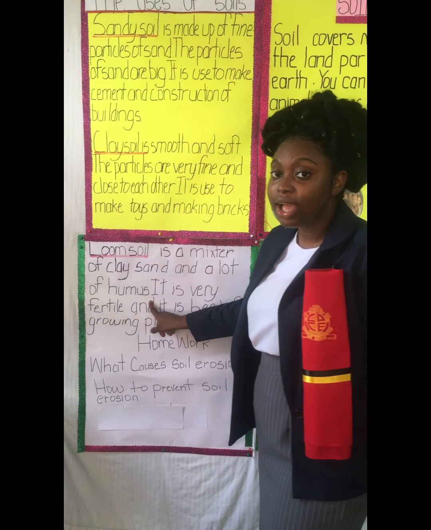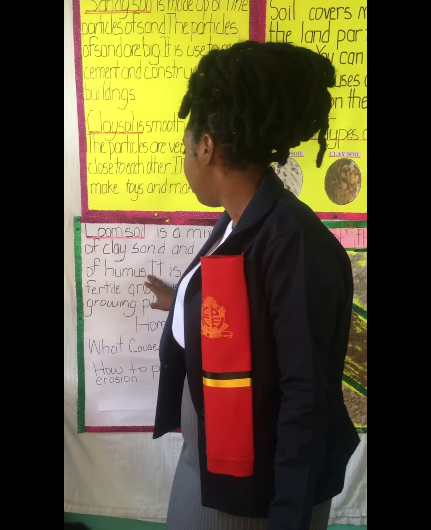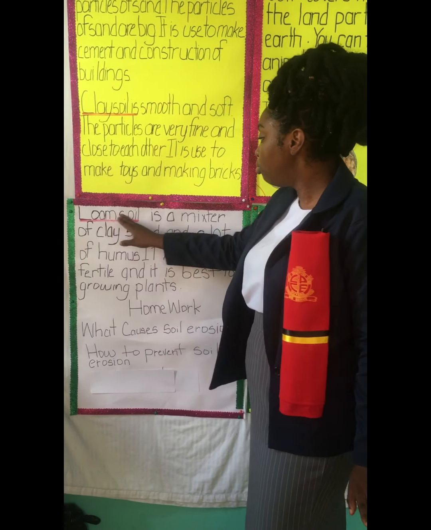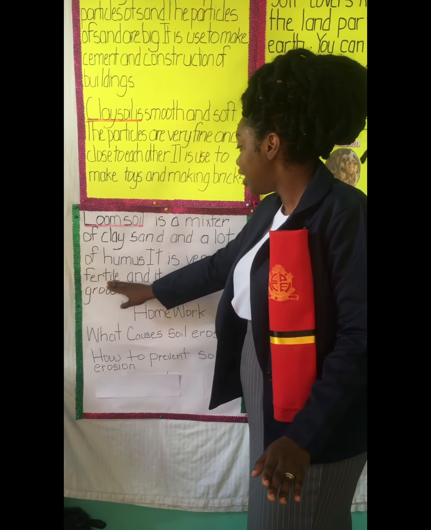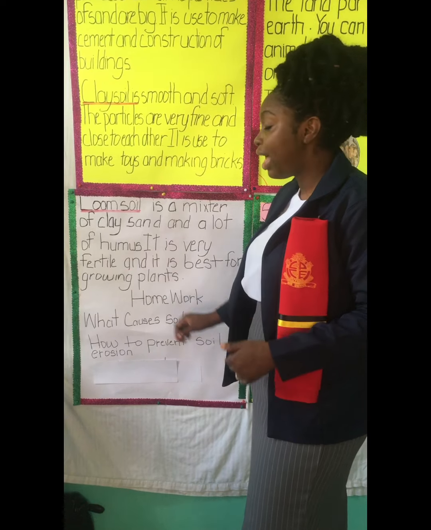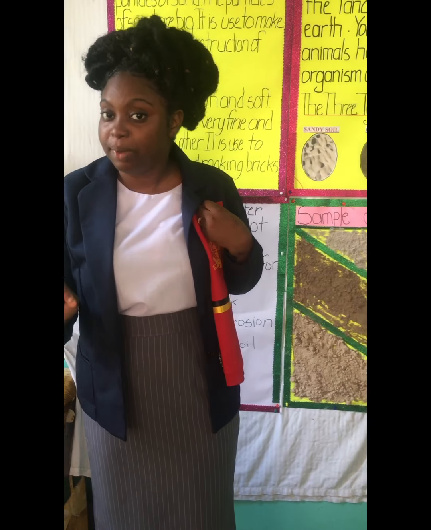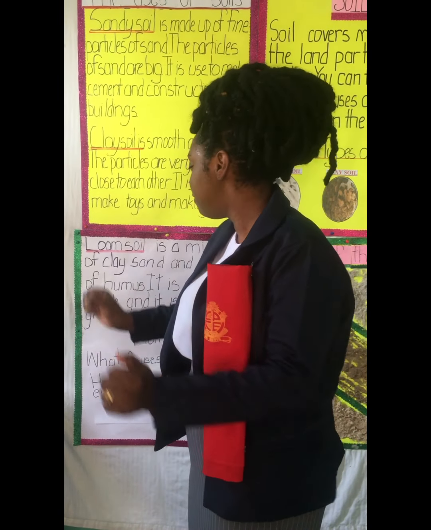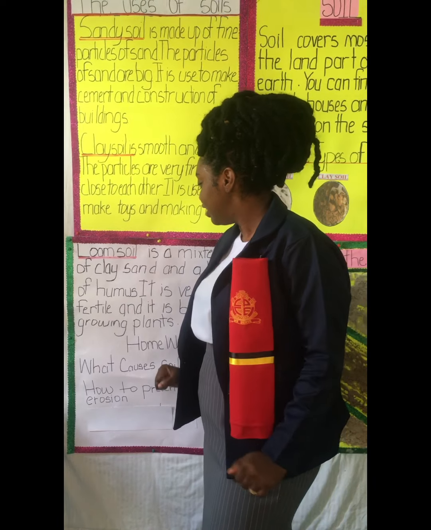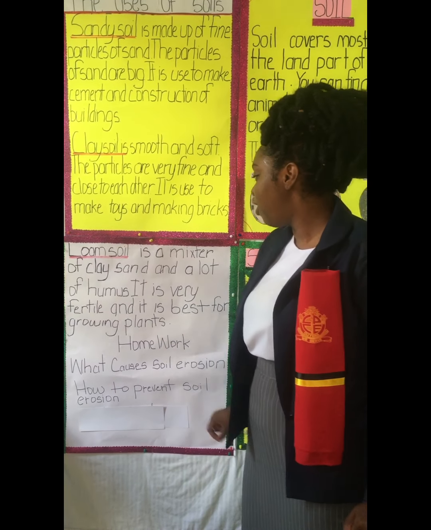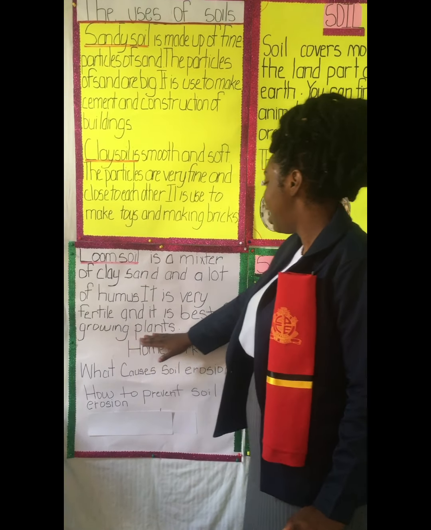And humus is dead, decaying animals and plants. Also, the loam soil is a very fertile soil, right? And can anyone tell me what the loam soil is best for? Very good, Madonna. Yes, the loam soil is best for growing plants.